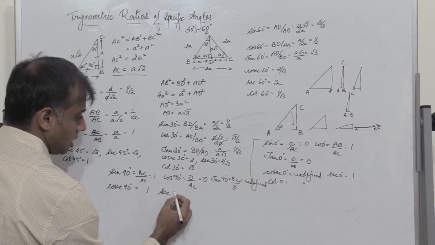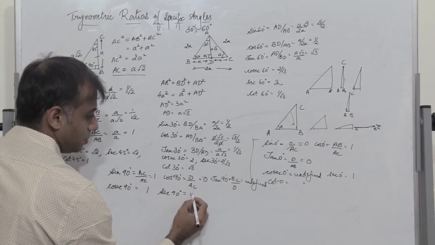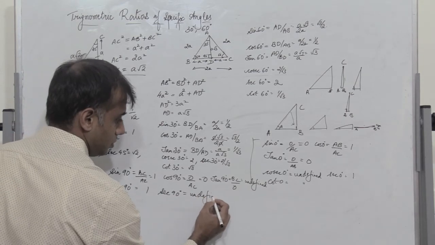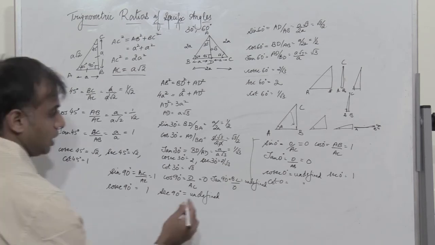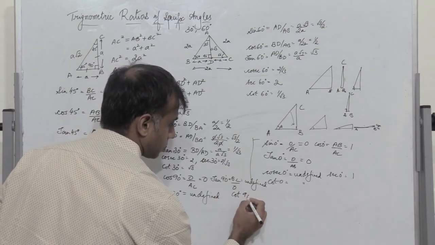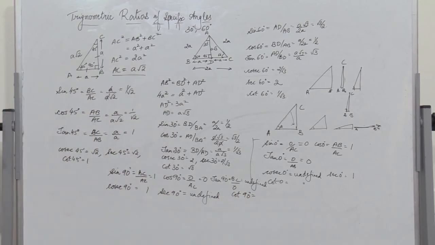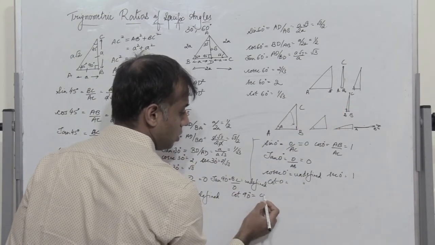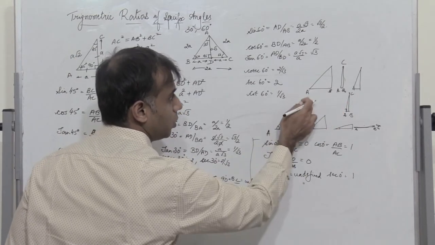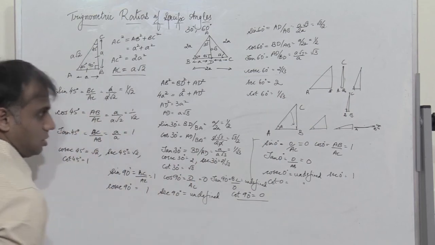Next, secant 90 is undefined, isn't it? And then what about cot 90? Cot 90 is nothing but adjacent side by hypotenuse. Adjacent side AB is almost 0, divided by hypotenuse AC, so it is 0 here.